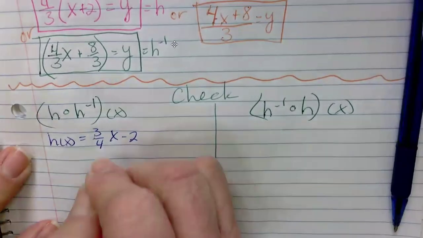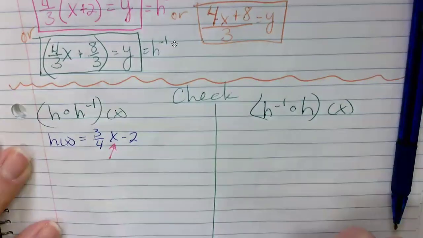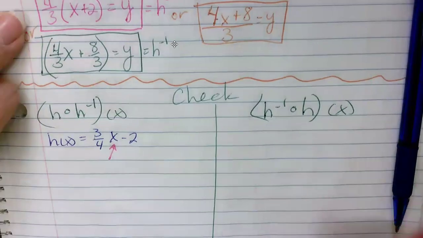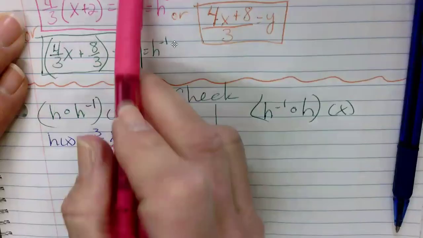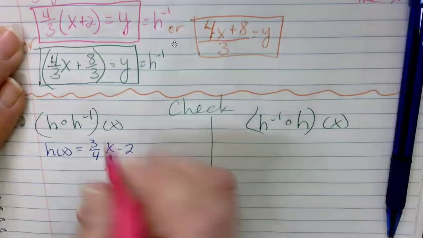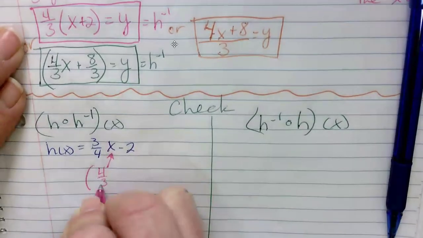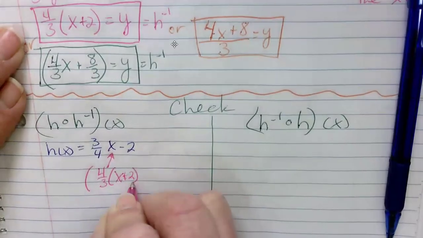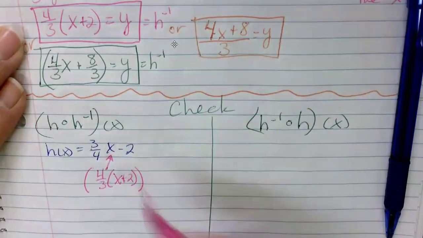Now I'm going to draw my arrow to my x. Doesn't matter which one you use. I think I'm going to use the pink one just because I find it simpler. And I'd like you to start multiplying by the reciprocal so that you get the answer that way too. All right, so my x is going to be parentheses 4 over 3 parentheses x plus 2 closing parentheses closing parentheses. So I have to put all of that in for x.